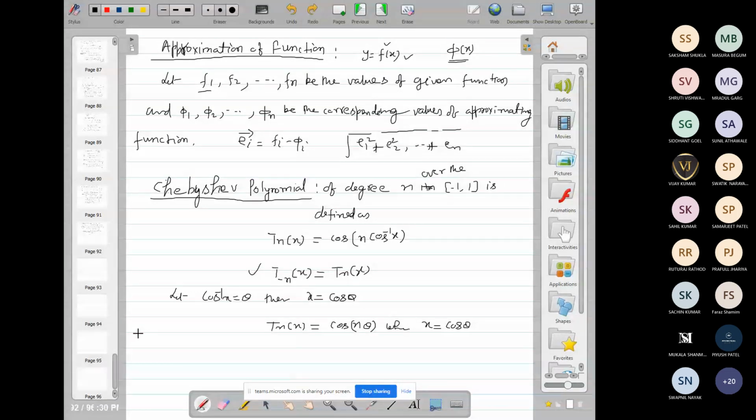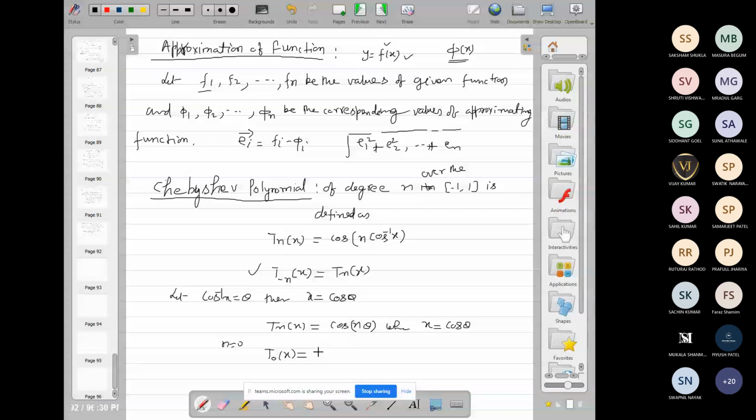So with the help of this, we can calculate the value of Tn(x) for every n. Suppose we take n equal to 0. For n equal to 0, T0(x), the Chebyshev polynomial of degree 0, is equal to cos 0, and that is 1.